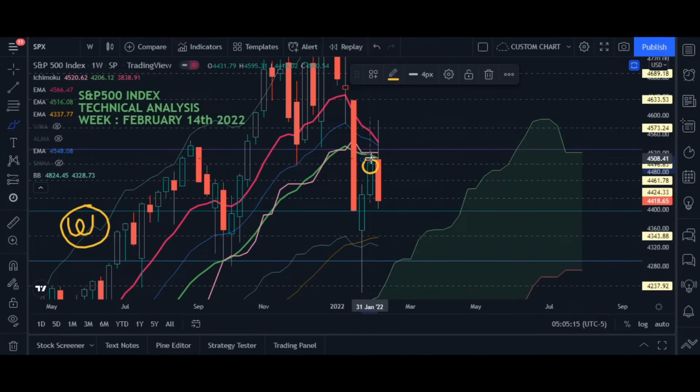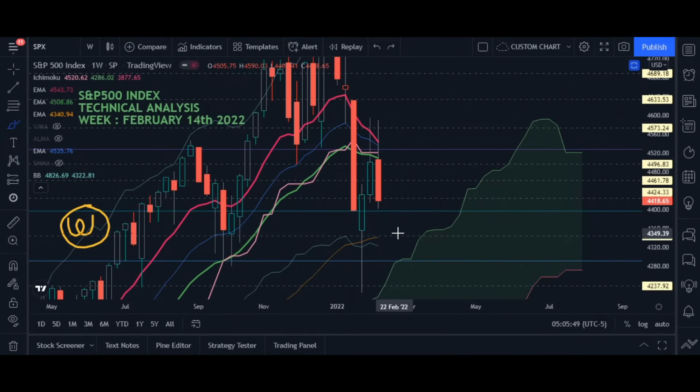So it was bearish, but it was expected that if on the weekly chart there is a closing of the candle above these moving averages, in that case it will be bullish, else it will not. Now in the recent week, you can clearly see that the S&P 500 has closed below all of these three moving averages, and it came down, which means it is further supporting the bear trend.